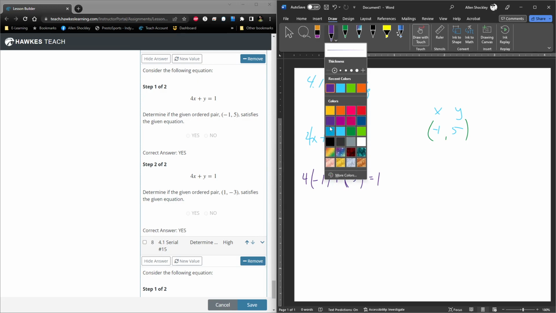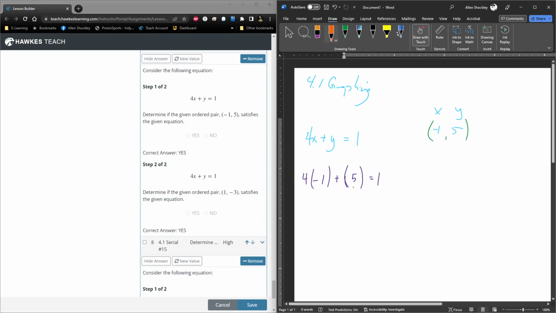Whenever you're substituting something into a set of parentheses, or substituting a number in for a letter, I highly suggest you throw it in parentheses. It might not remain there, but it's always a good way to keep track of what was a variable and now is a number. So from here, we're going to distribute. 4 times -1 is just -4, plus, if I look at this 5, there's no negative sign out in front, there's no exponent on it.